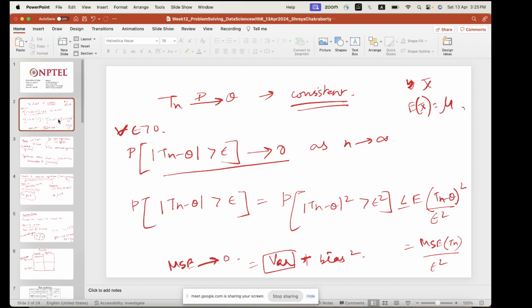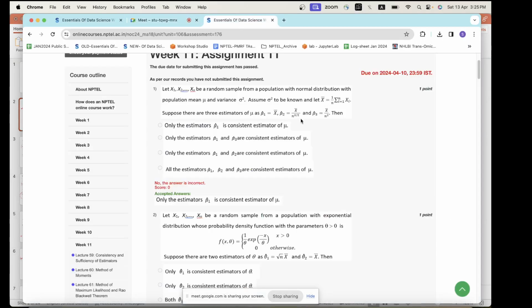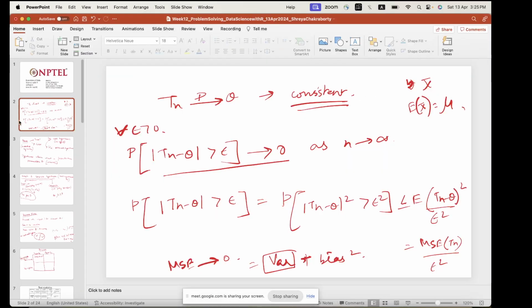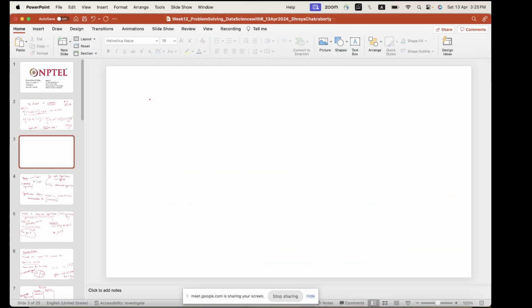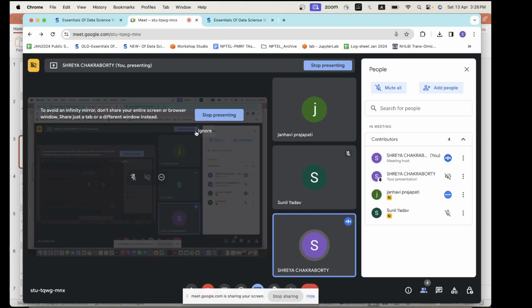Let's just look at this thing, please solve it so that I have a better clarification on this question. So this is x bar by n to the power 3 by 2.